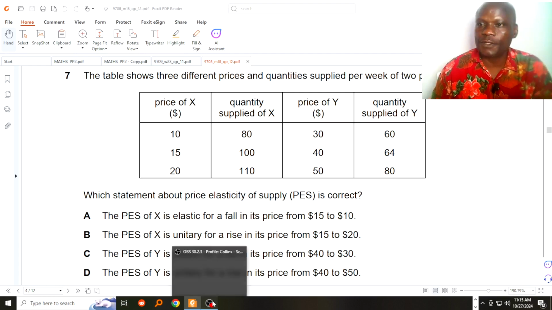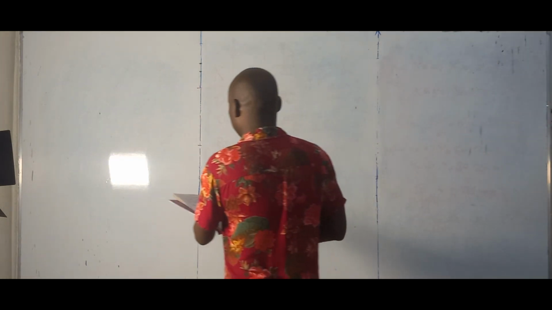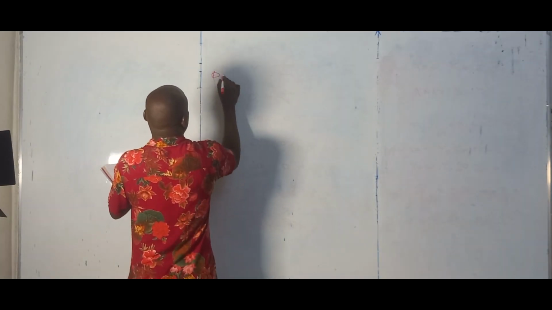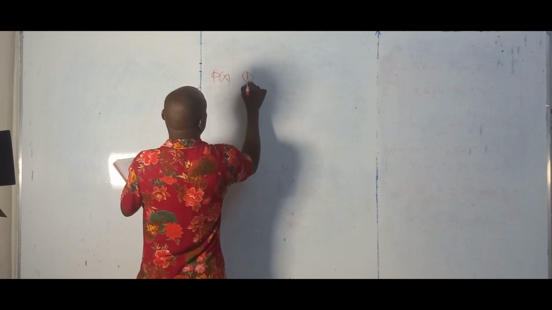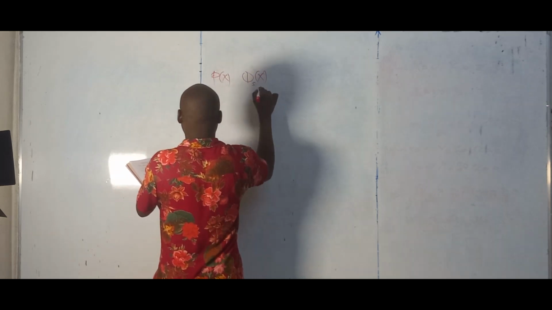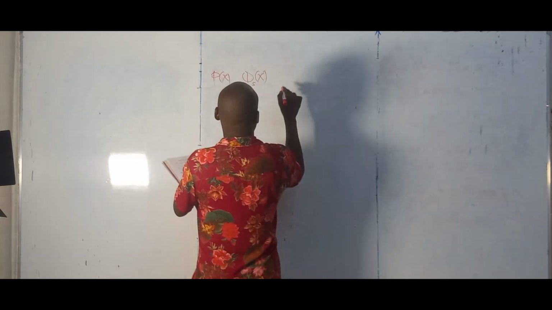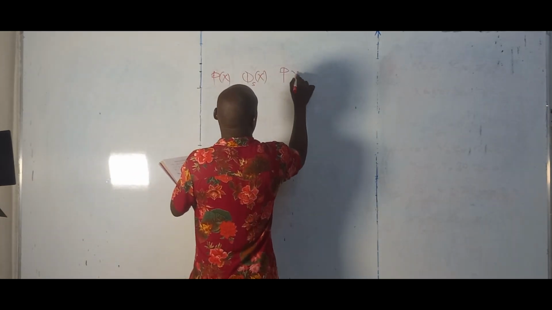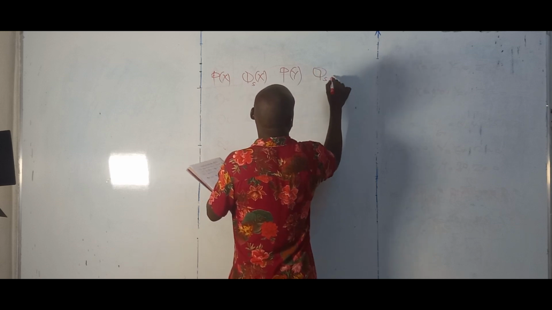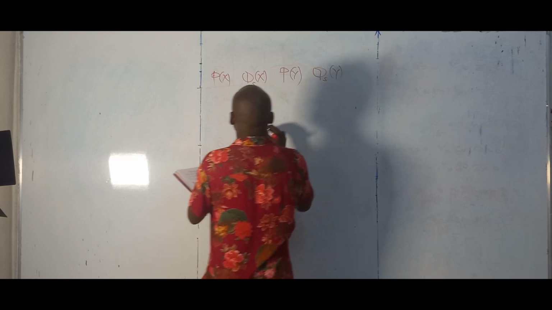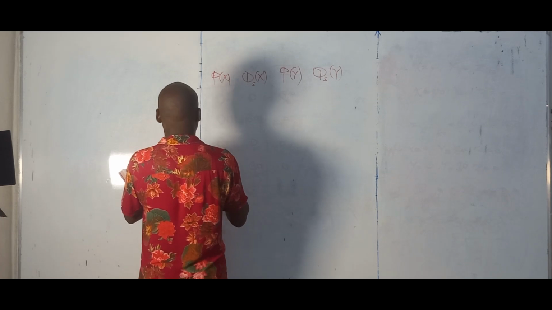So straight away, the table shows 3 different prices and quantities supplied per week. I'll say this is price of X, then quantity supplied of X, then price of Y and quantity supplied of Y. Those are the columns that I will have.